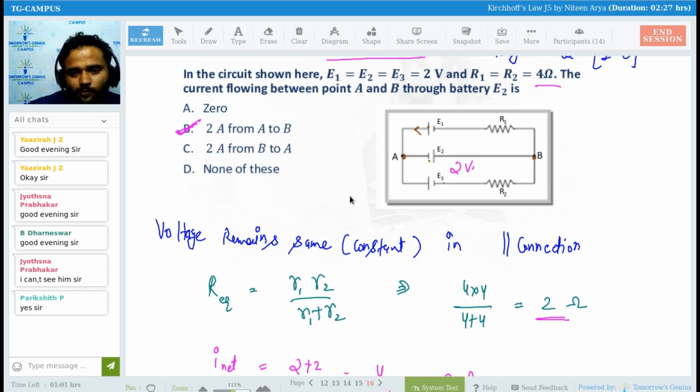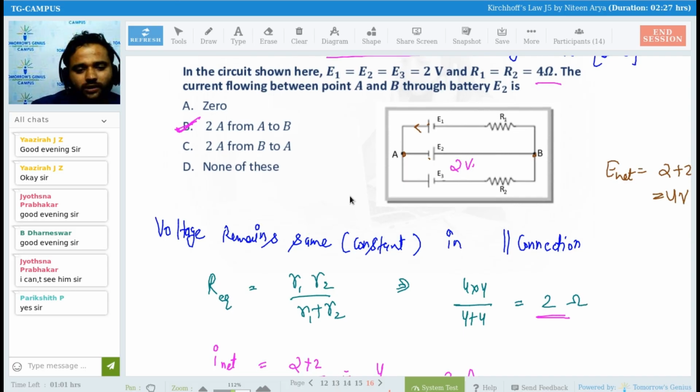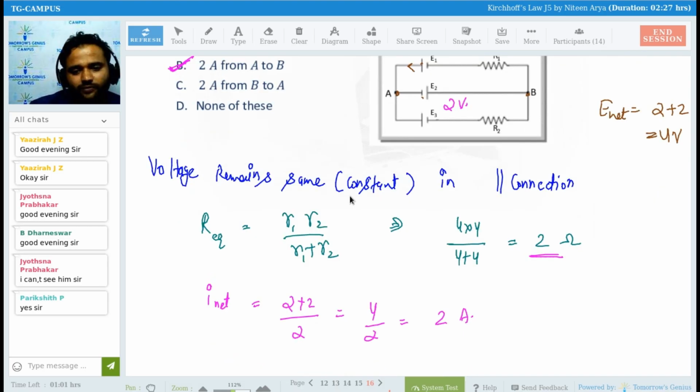So in between this point and this point, E net or voltage equivalent is in series only, which is 2 voltage plus 2 voltage, which is 4 voltage. And then R equivalent, because this is the net resistance we have in between A and B. So this is going to be how much? 2. So in this way you get I equals 2 plus 2 divided by 2, 2 ampere.